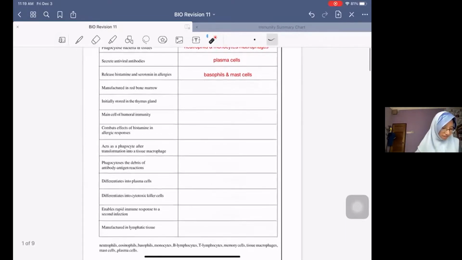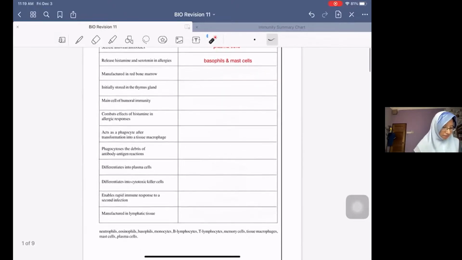All right, so next question, manufactured in the bone marrow. Eosinophils. Monocytes.